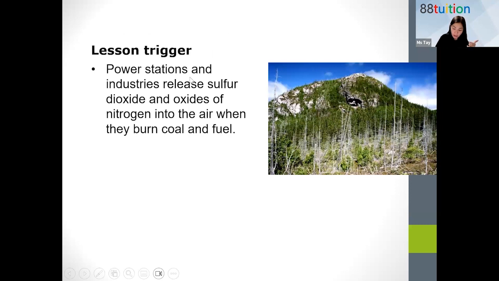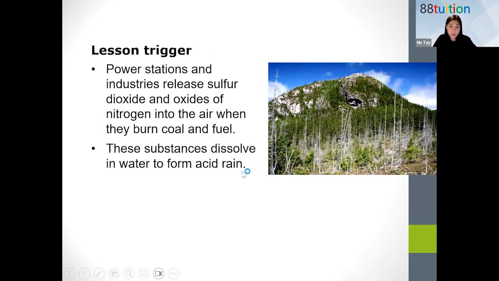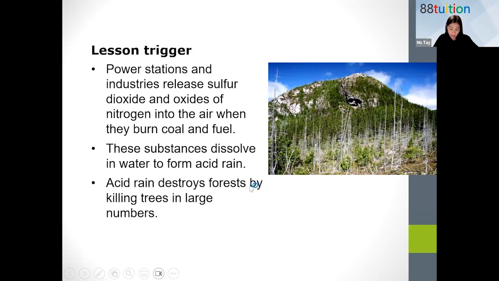Here they talk about higher level industries, power station industries releasing sulfur dioxide. This is going to give us a lot of problems. Why? It forms acid rain. So acid rain destroys forests by killing trees in large numbers. In Sec 2, I think, or even in Sec 1, have you learned already about air pollution and stuff? P6 definitely learn.